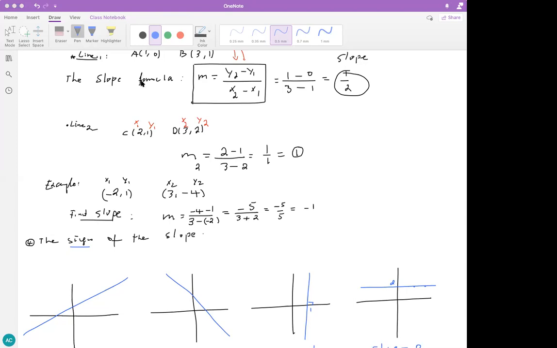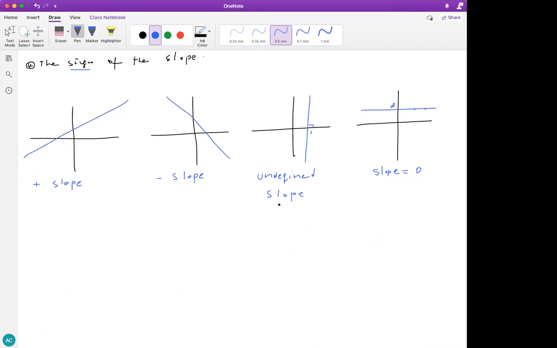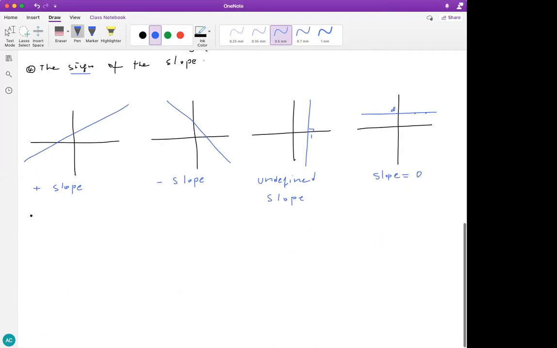Okay, so there's a formula. We did that. So now we're going to see how to graph lines.